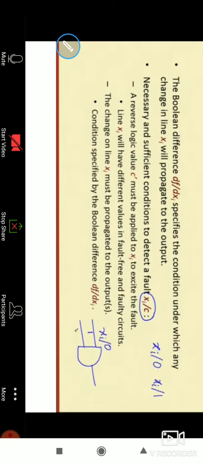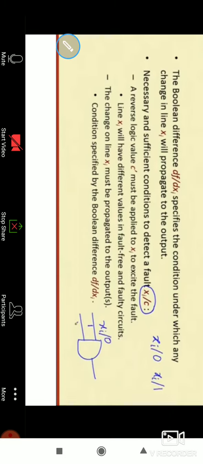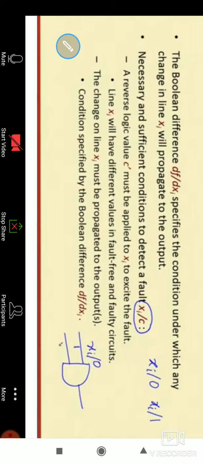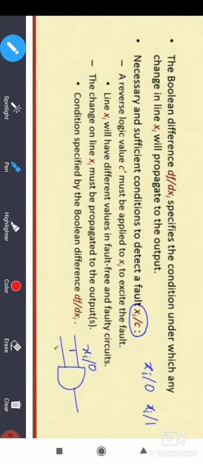Here the Boolean difference df by dxi specifies the condition under which any change in line xi will propagate to the output. It is the same as in the last class's path sensitization method: we detect the fault, we excite the fault, and we propagate the fault.